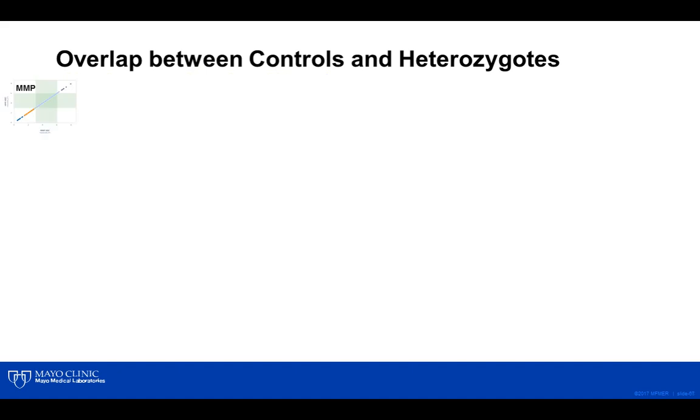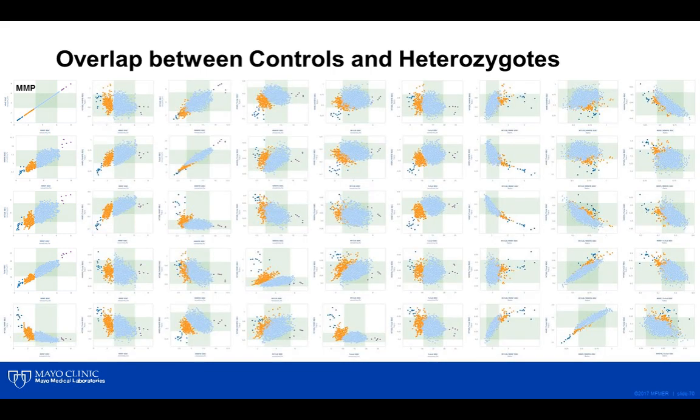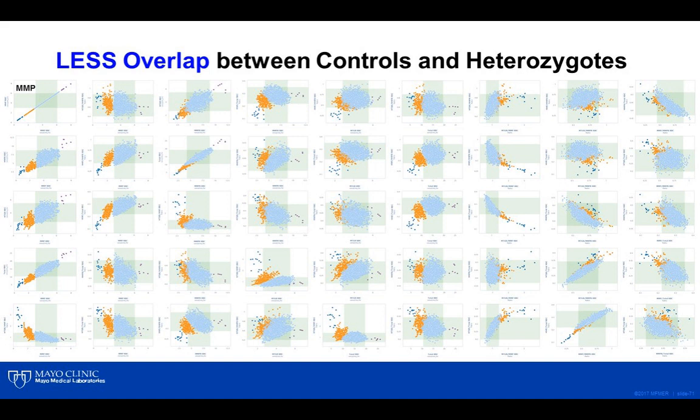So, while a single analyte plot shows substantial overlap, bidimensional plots of a primary marker reveal unique patterns of differentiation, which are even more pronounced by comparing every possible combination of markers, suggesting the existence of complex patterns indicative of less overlap between controls and heterozygotes.